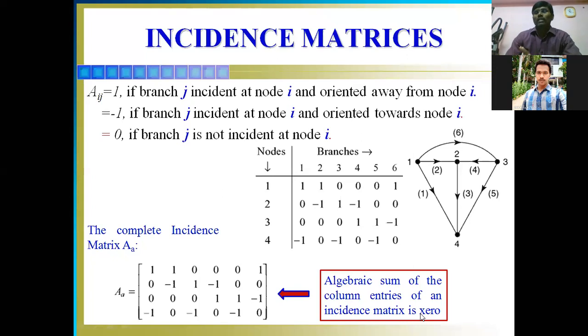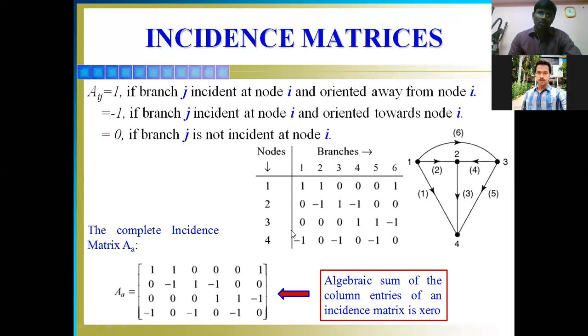The algebraic sum of the column entries of an incidence matrix is 0. So if you sum the column elements of any column, you may get 0. See here, +1, -1, 0, +1, -1, 0, +1, -1, 0, +1, -1, 0, and +1, -1, 0, +1, -1, 0.